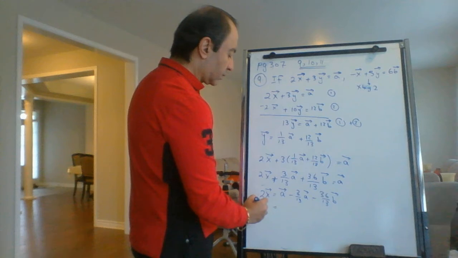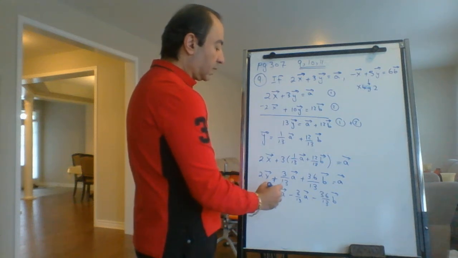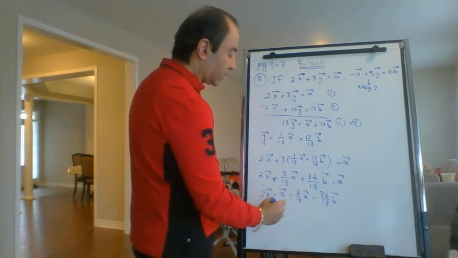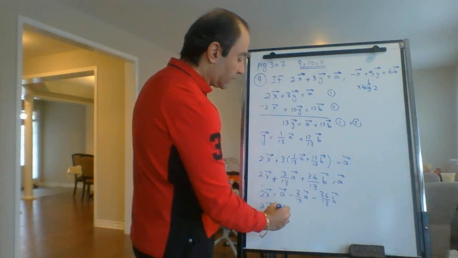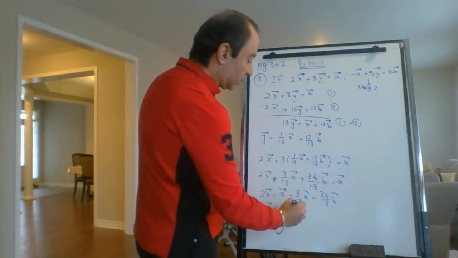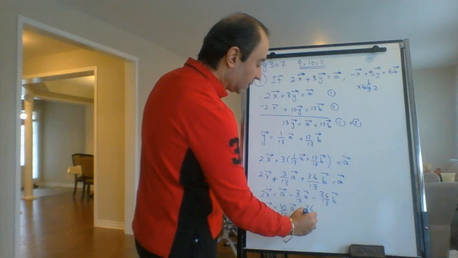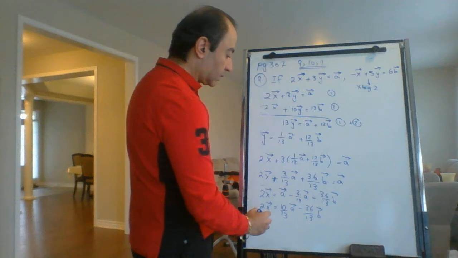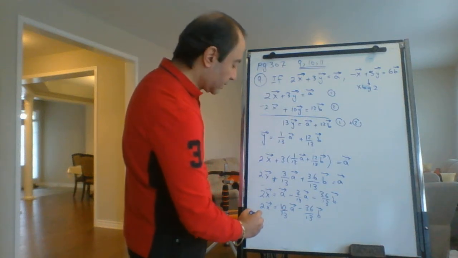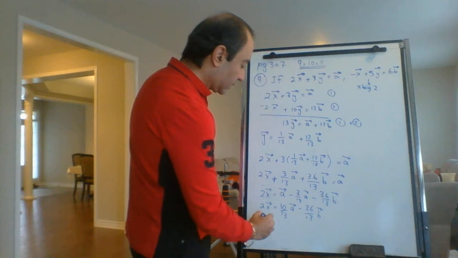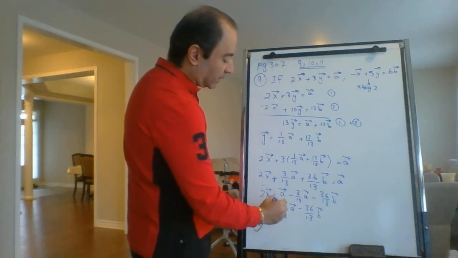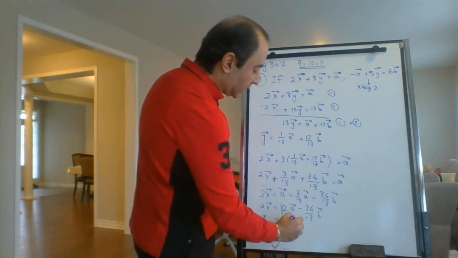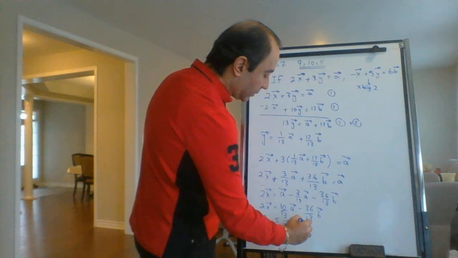Vector a is the same thing as 13 over 13 vector a, so when I subtract this I will get 10 over 13 vector a minus 36 over 13 vector b. I will divide both sides by 2, so I'm multiplying by 1/2. So vector x will equal 5 over 13 vector a minus 18 over 13 vector b.